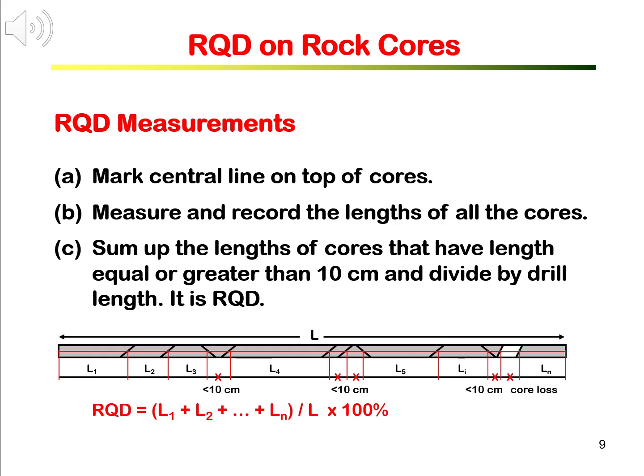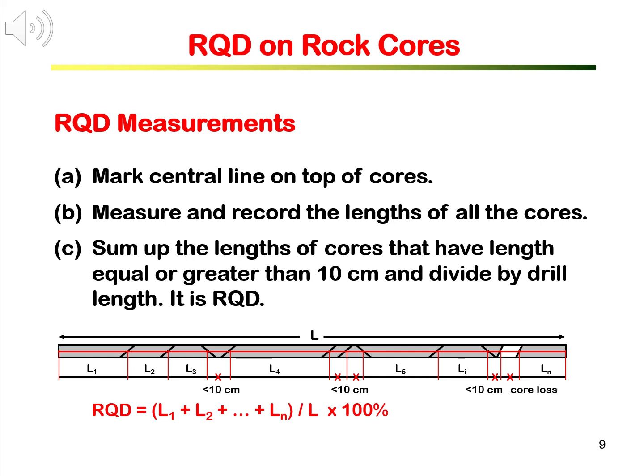To measure and calculate RQD on cores, we normally mark a central line on the top of the cores. We then use a measuring tape to measure and record the length of all the core pieces whose length is greater than 10 cm. Remember, we do not need to measure short or broken pieces that are less than 10 cm.